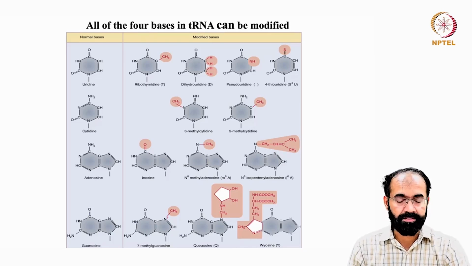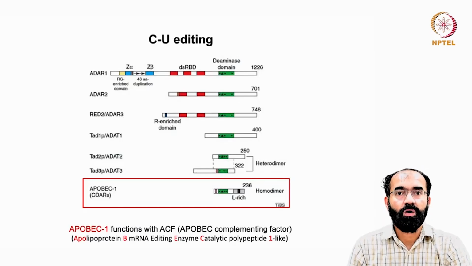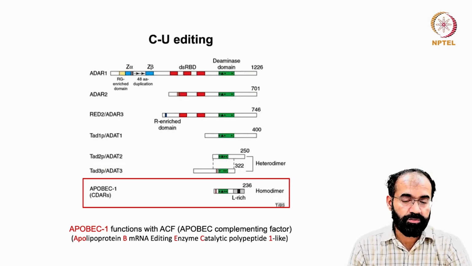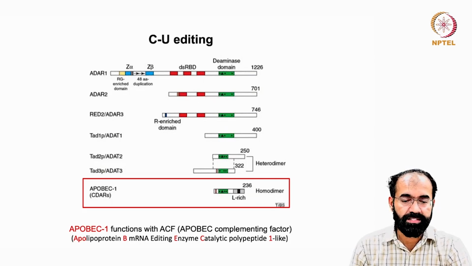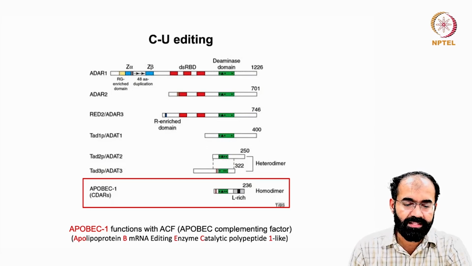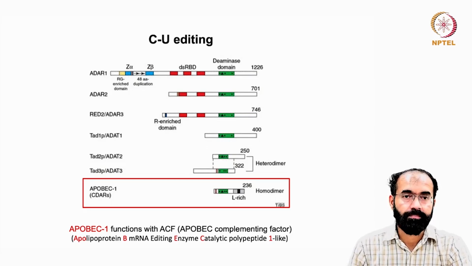Let us see some examples of CU editing, that is cytidine or cytosine to uridine editing. We have seen plenty of enzymes so far, it is the same slide repeating, and now we are going to deal with an RNA editing enzyme called APOBEC.